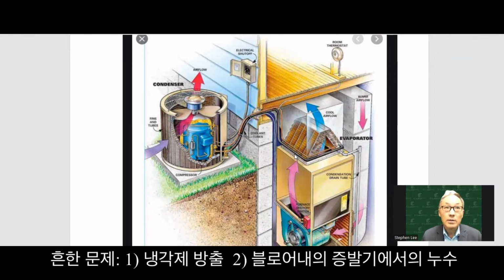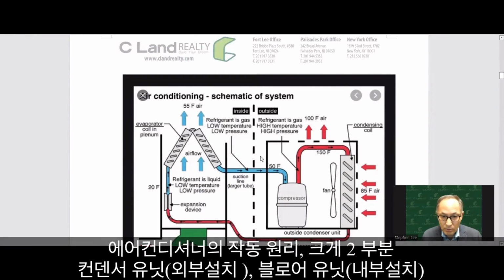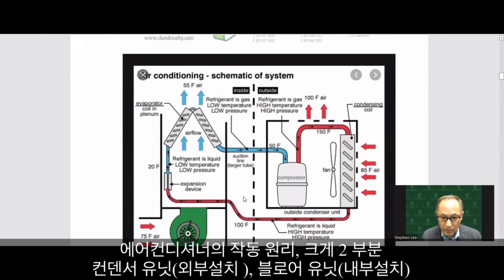All of a sudden, on a sunny day, it might be the air conditioning, a drain pan system or drain pipe system problem.